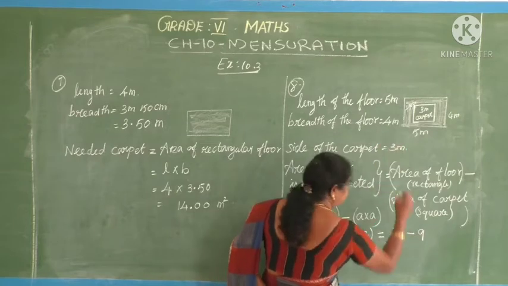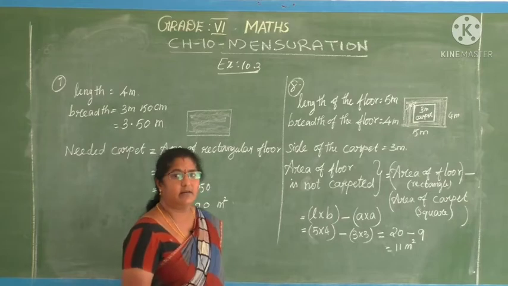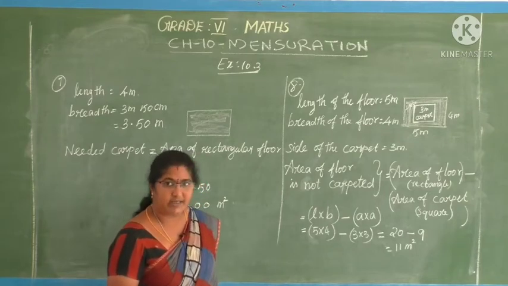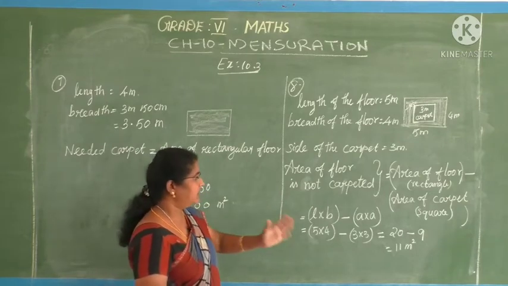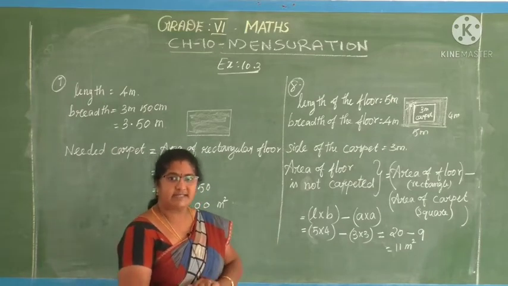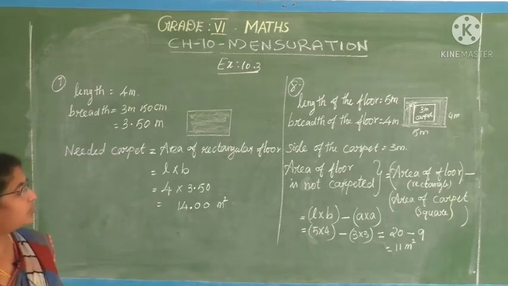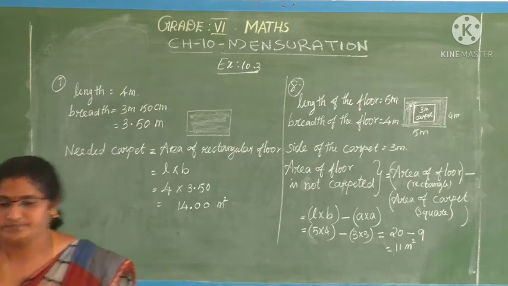Unit is meter. We are finding area, so unit is meter square. So 11 meter square is the area of the floor not carpeted. Understand? So write down both these questions in your classwork.